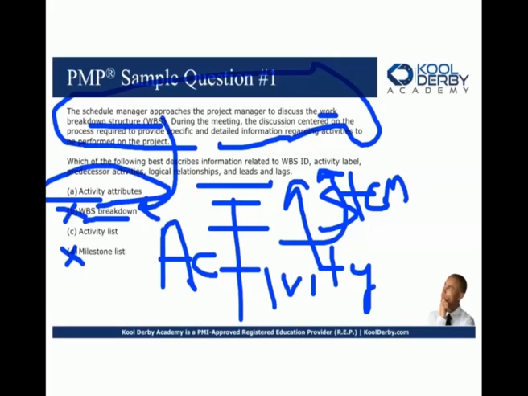Address. Probably your driver's license number. My fingerprints. My height, my weight. All your demographics. My race, right? Yep. Those are attributes of a person.